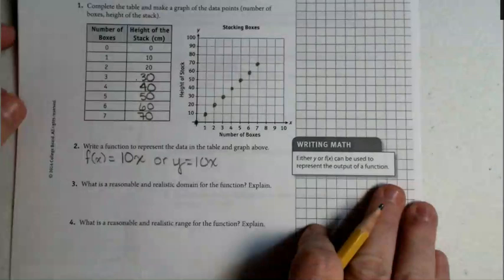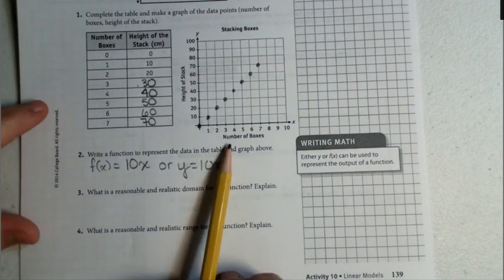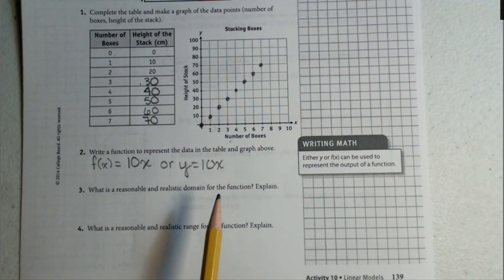Now the question asked here in number 3, what is a reasonable, realistic domain for this function, and explain. Now, remember that my domain is referring to boxes. Can I have a part of a box? No. Can I have a negative box?